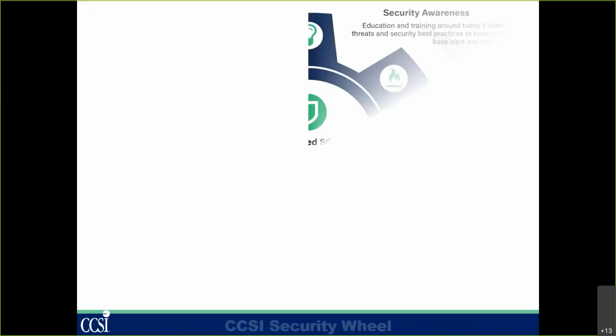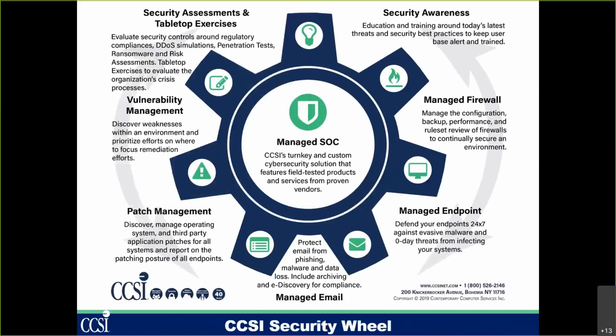And what we do at CCSI is we take all those controls. We take the NIST 800-53 and we take the CIS controls, and then we look at the ISO controls and we build services off of them. So we have security assessments and tabletops. This is really getting into the penetration tests and the risk assessments and understanding where you are from a recovery and a detect perspective, right?